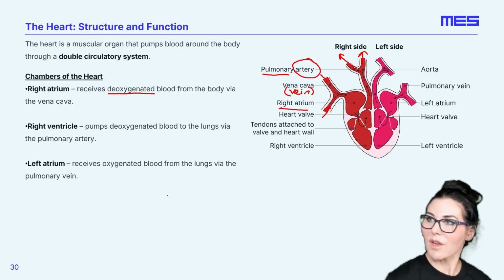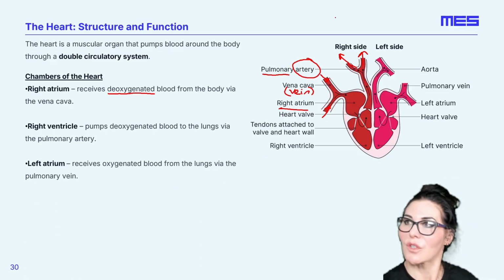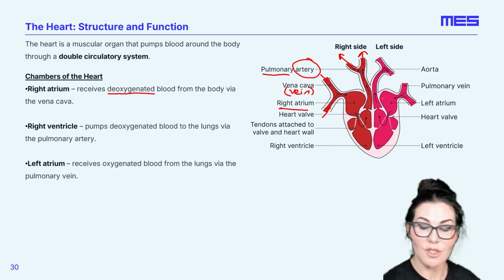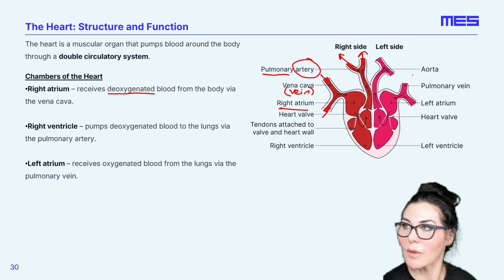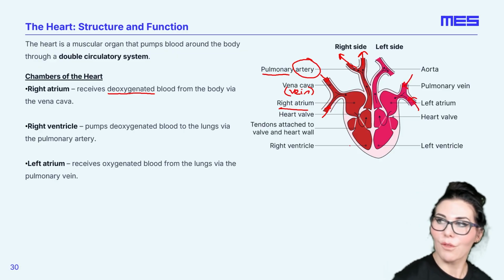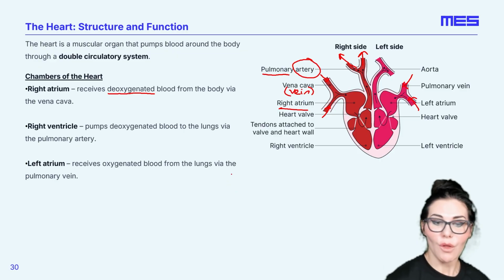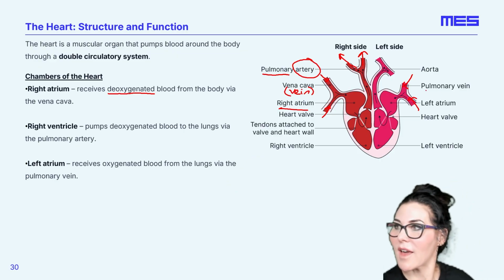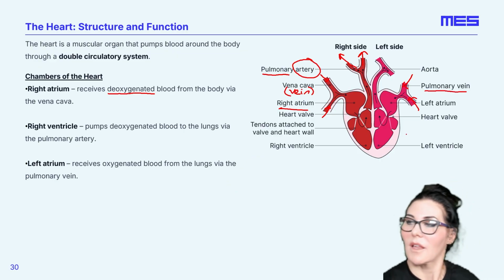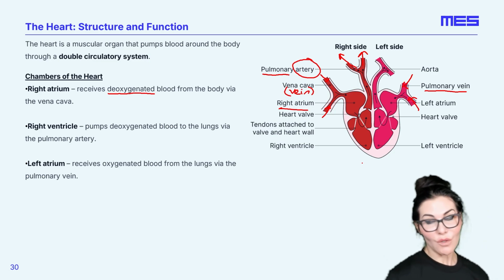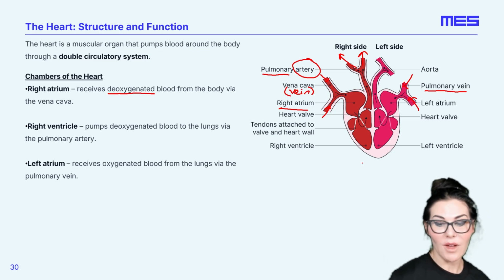The left atrium, remember, the blood has gone to the lungs and picked up oxygen. It's going to come back to the heart because it needs pressure behind it to keep flowing. So it comes back into the left side, into the left atrium, through the pulmonary vein. Now, this is the only vein that has oxygenated blood in it. All other veins in the body are deoxygenated. I'll talk about arteries and veins later and why they're different.